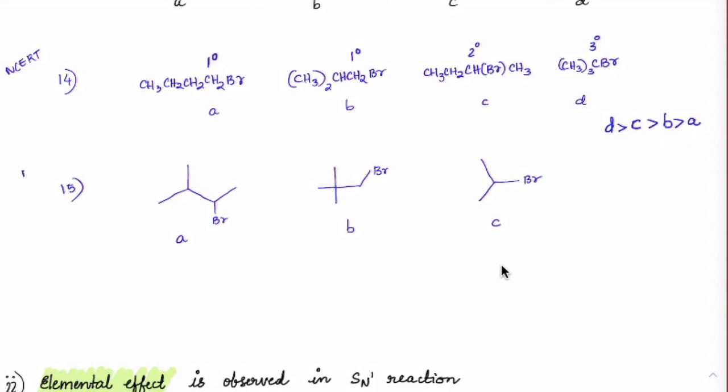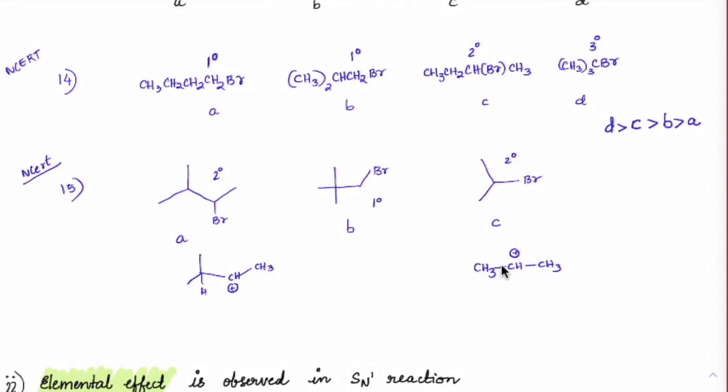Same, this is also from the previous old NCERT. Here A, B, C. If you consider this case, this is secondary, this is secondary, this is primary, this is secondary. So we will give more preference to secondary, and here this is secondary with 6 hyperconjugations, because if the carbocation comes here, you can check, CH3, CH plus, CH3, 6 hyperconjugations, while here we will have CH3 and this H present with the positive CH.